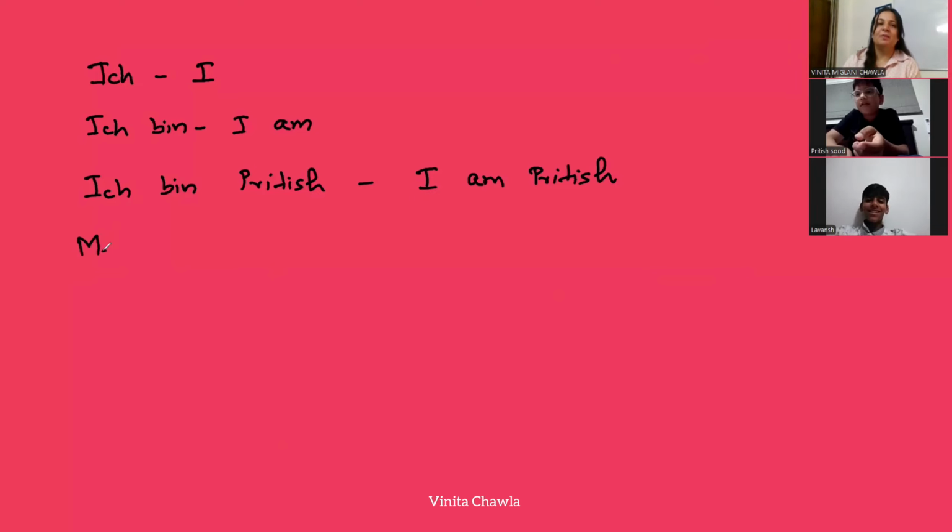Mein. How will you pronounce this? We have EI, and EI is pronounced I. So it is Mein, M-E-I-N. My name is... No, it's not name in German. How are you going to pronounce this word in German?